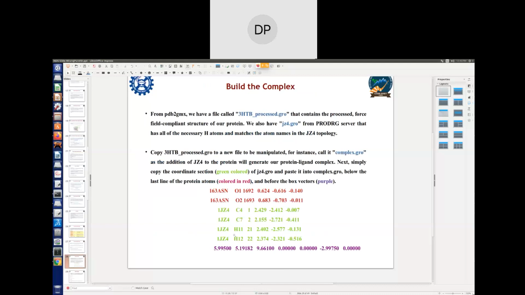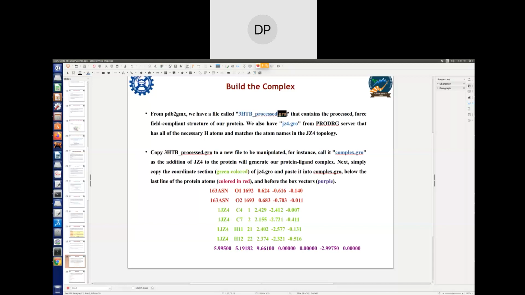Build the complex. After processing PDB to GMX, you will have a .gro file. I took this all from one of the tutorials that I told you about before. So you will have the .gro extension file that you can rename to anything. With PDB to GMX, you will have a .gro file, a topology file, and the ITP files.